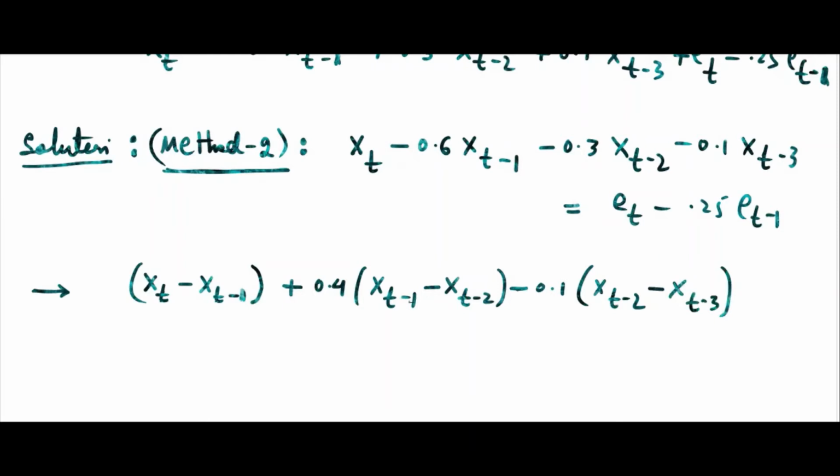Okay, so plus 0.1 here. No, I have minus 1, so I have to write plus here. I want to write minus anyway, so I have to make it plus. Then this will be fine. So plus 0.1 xt minus 2. Here minus 0.4 plus 1 minus 0.3. Okay, that's fine. And the right hand side will remain the same: et minus 2.5 et minus 1.